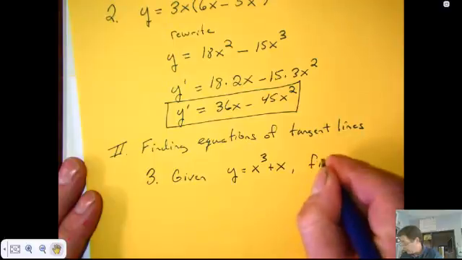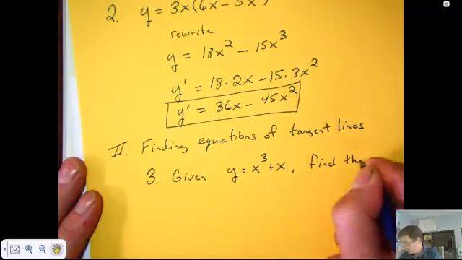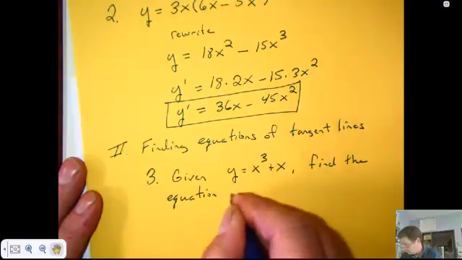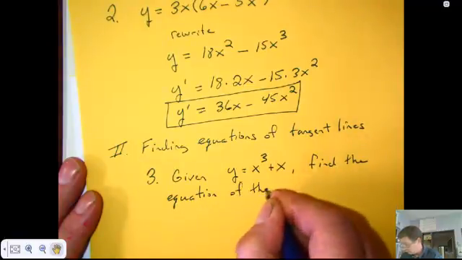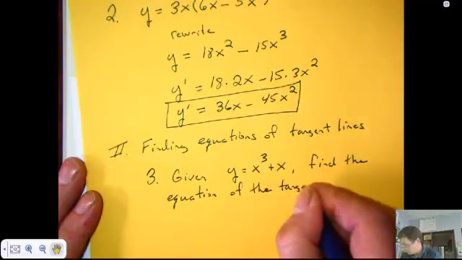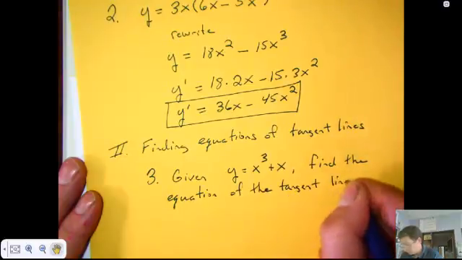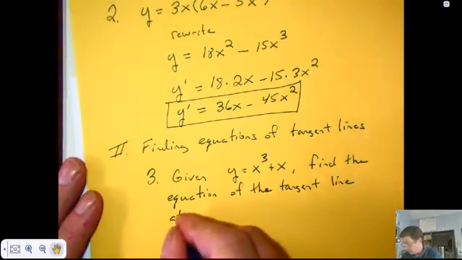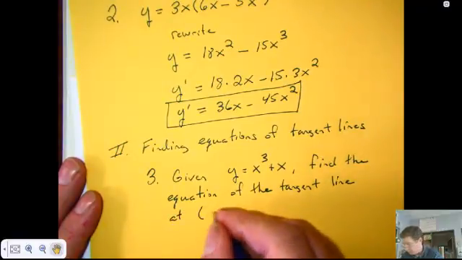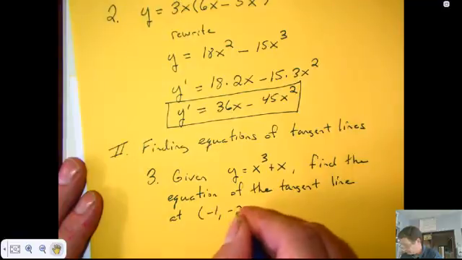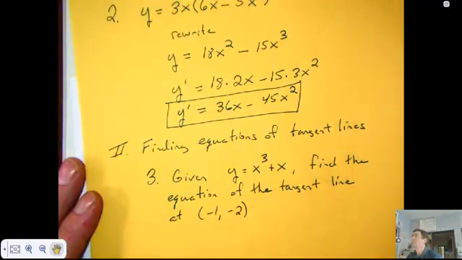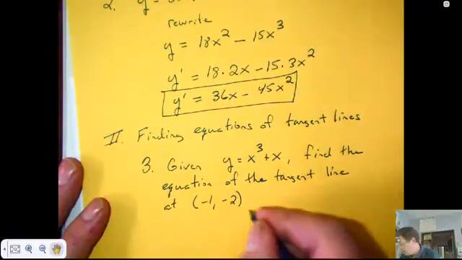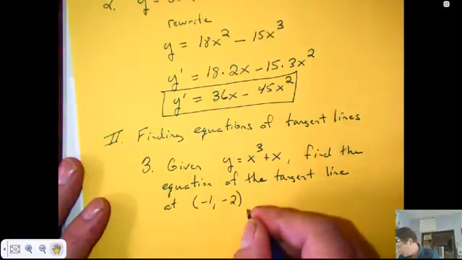I'm going to find the equation of the tangent line at the point (-1, -2). And you know, write the answer in slope-intercept form.